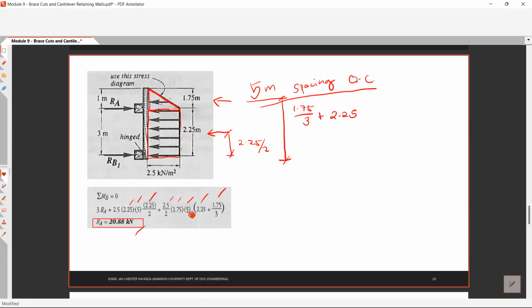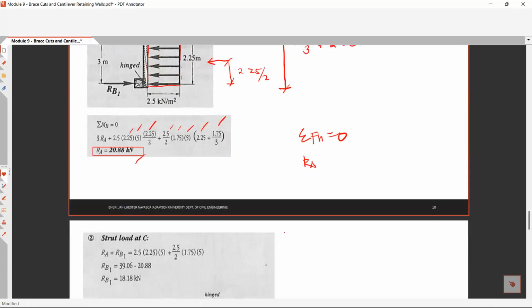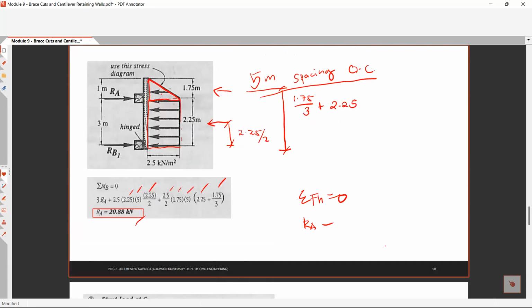So summation of forces along horizontal equals 0. RA minus 2.25 times 2.5 times 5, minus 1.75 times 2.5 over 2 times 5.